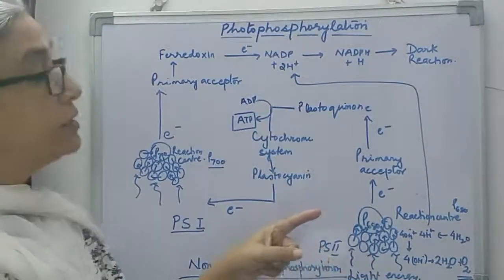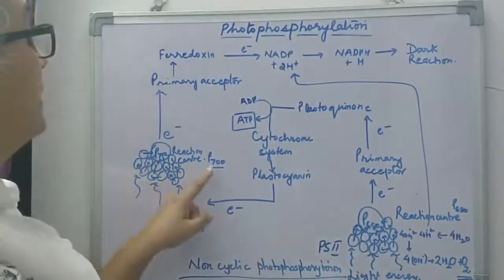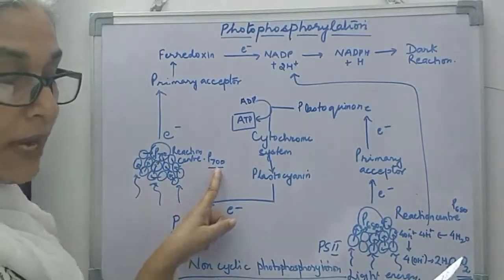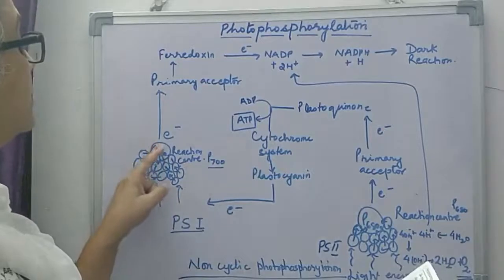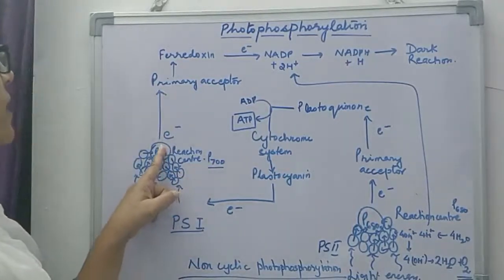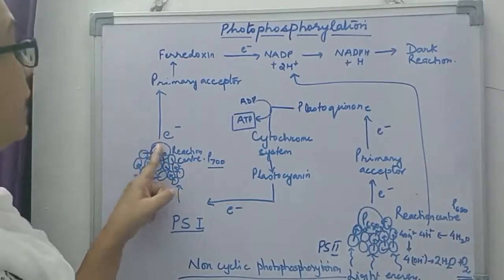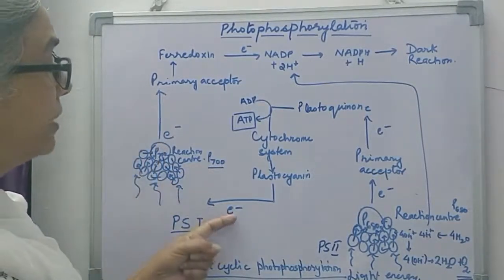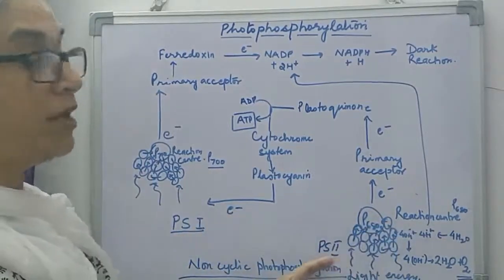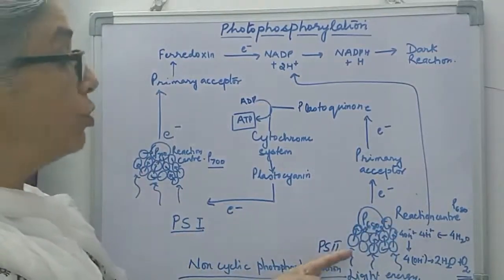Now the oxidized P700 molecule comes back to its ground state. It has emitted an electron, so it is in an excited state. It will come to its ground state by accepting the electron which is emitted by photosystem 2.